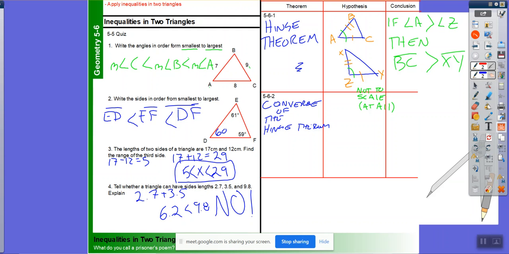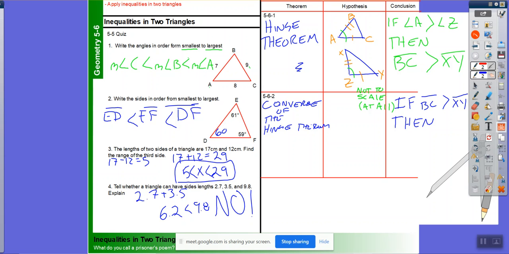All right. So if side length BC is greater than side length XY, what can we say about the angles? They're not congruent. They're definitely not congruent, but what else can we say?